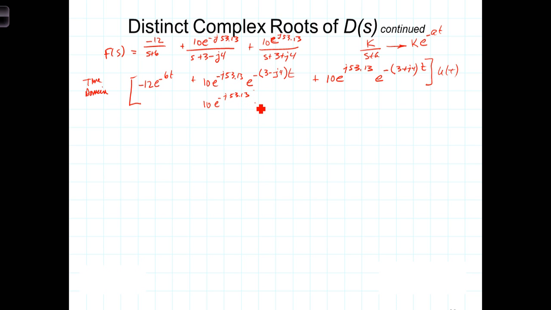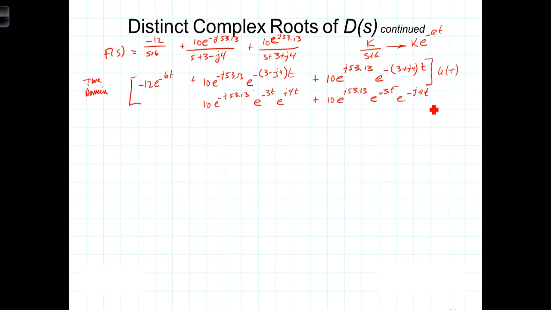Then I've got multiplying that e to the minus 3t, and then multiplying that we have e to the minus times a minus is a plus j4t. Similarly over here we're going to have 10 e to the positive j 53.13, and then we've got an e to the minus 3t and an e to the minus j4t.